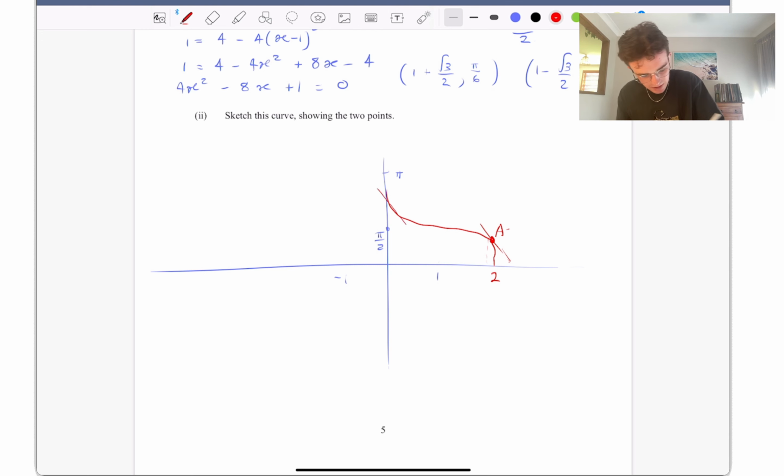So it's about here. So that's our point B there. So there we've labelled our graph and we've added the 2 points. Now when it says show those 2 points, it means show the gradient of minus 2. So we've shown at these 2 points the gradient is the same, and we've expressed that by drawing 2 straight lines that appear to have the same gradient.